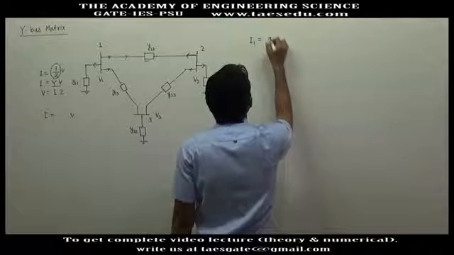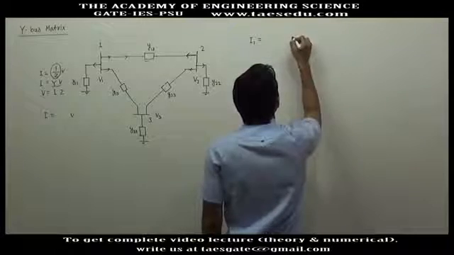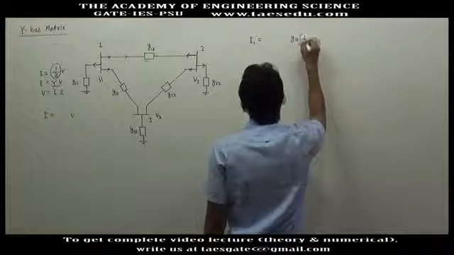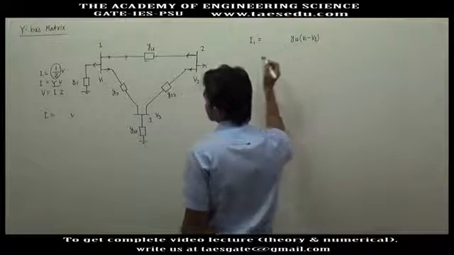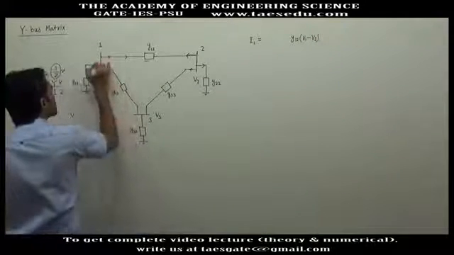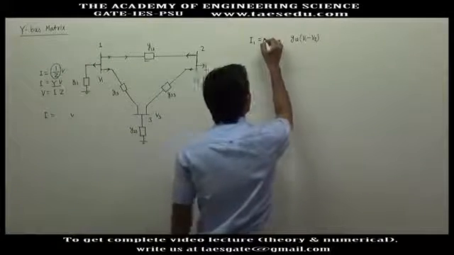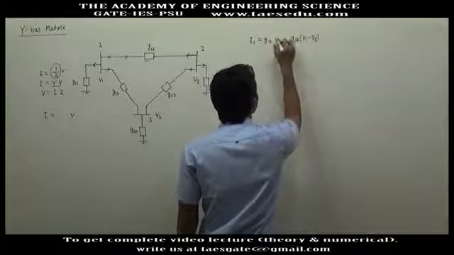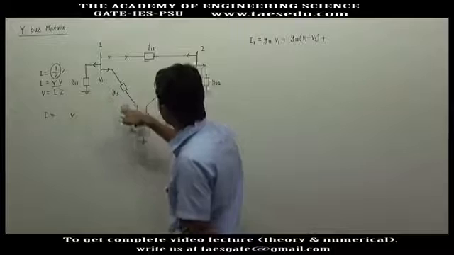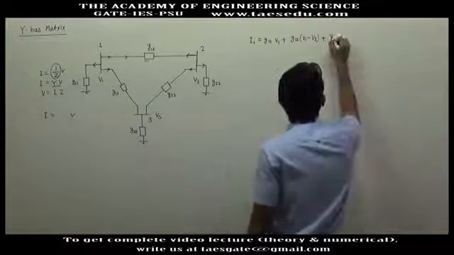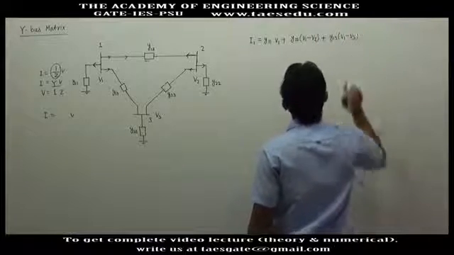I1 will be Y12 into V1 minus V2. Similarly, this current is V1 minus 0 into Y11, so Y11 into V1, plus this current, Y13 into V1 minus V3.